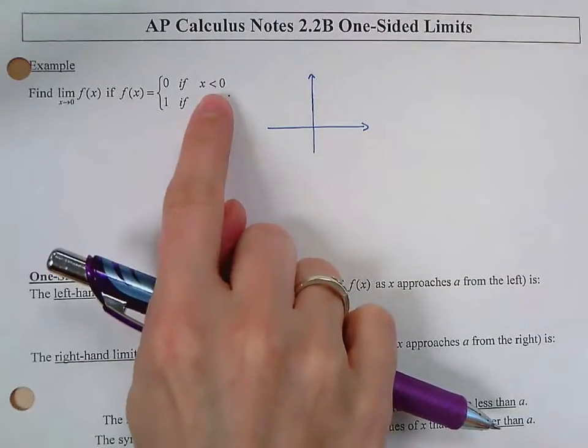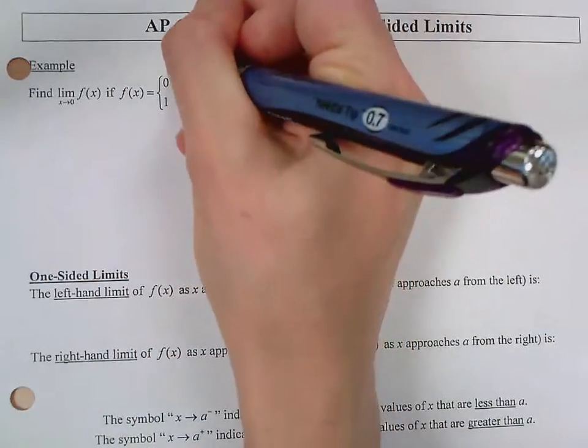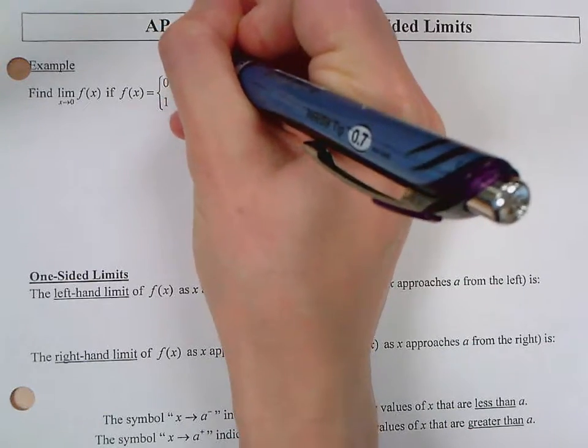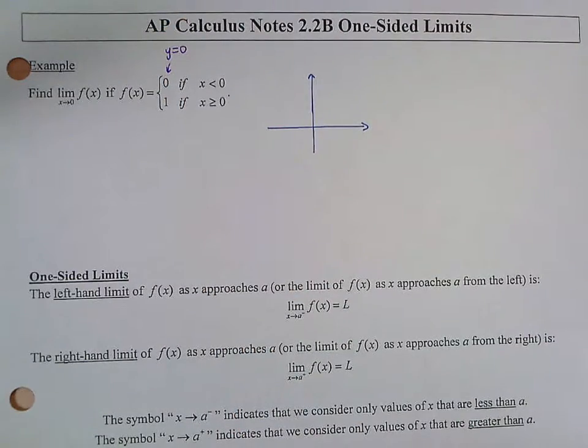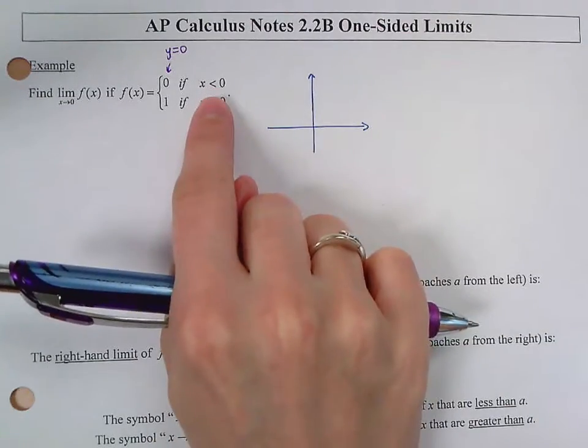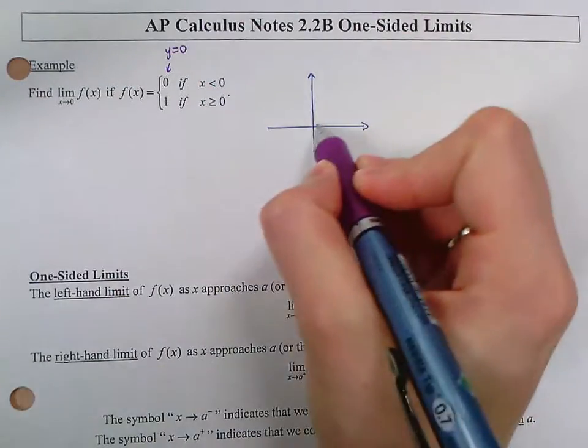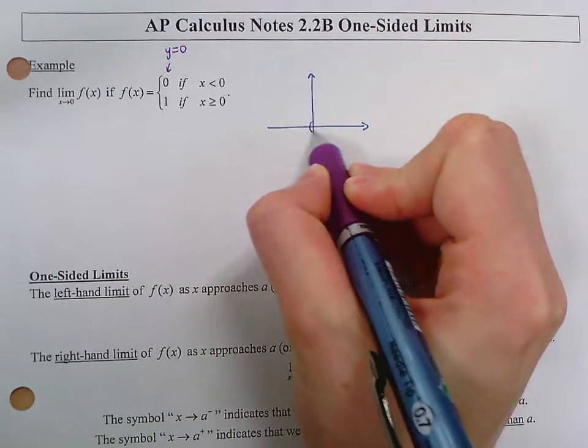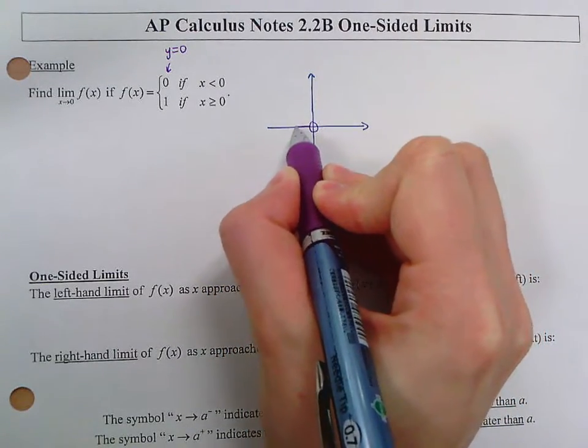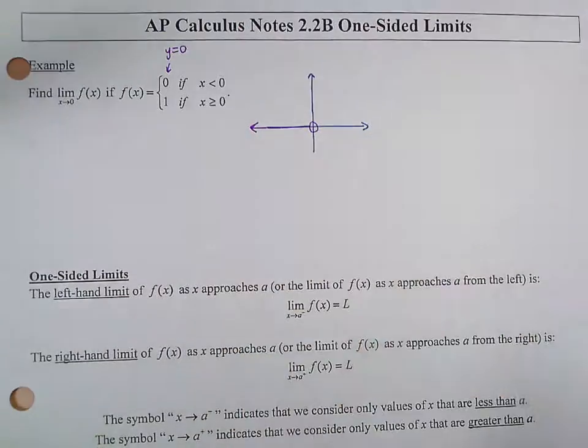So this is saying when x is less than 0, the graph is the line y equals 0, or f of x equals 0. So a horizontal line at 0, and only when x is less than 0. So it would look like an open circle at (0, 0), and that part of the graph would be extending that direction.